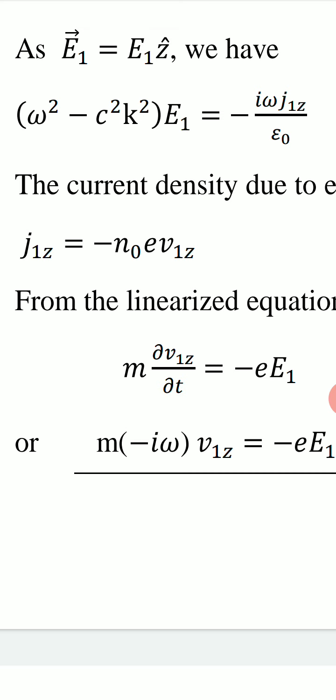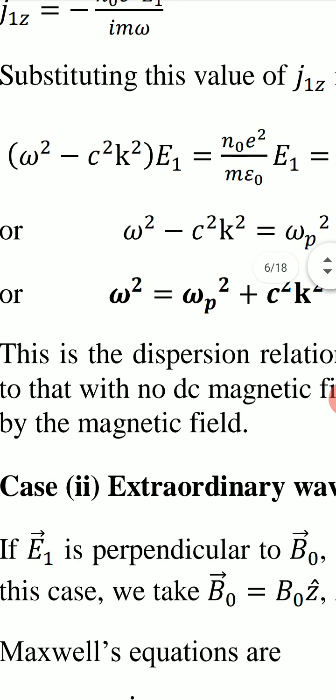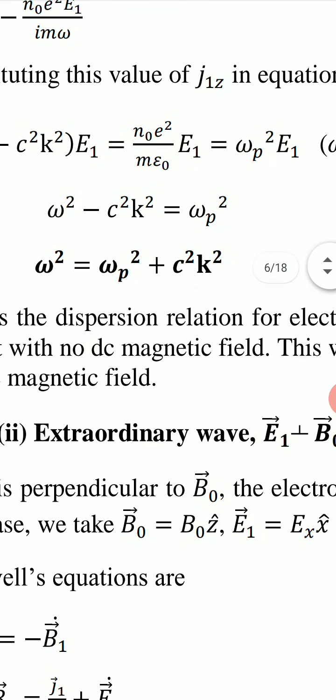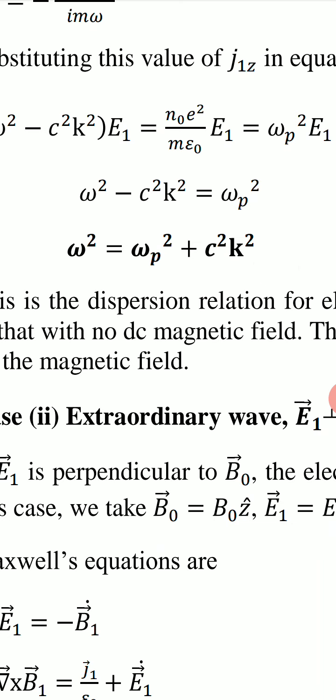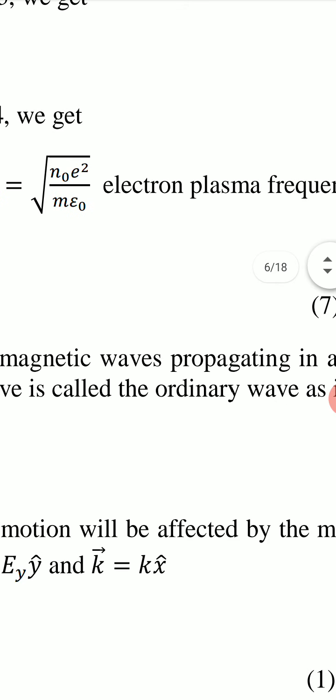In this equation, we put the value of J1z and get this relation: omega square minus c square k square into E1 equal to n0 e square upon m epsilon 0 E1, and n0 e square upon m epsilon 0 is equal to omega p square, because omega p is under root of n0 e square upon m epsilon 0, and it is electron plasma frequency.